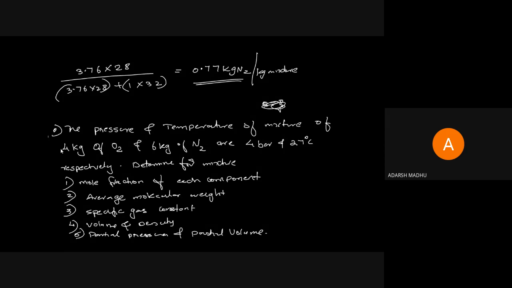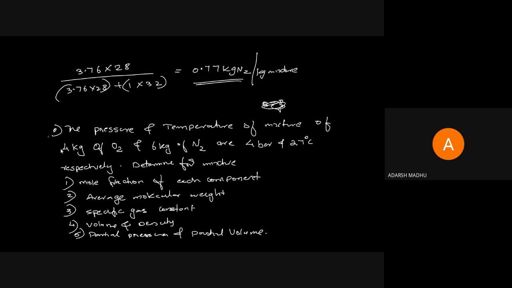So you want to find out the mole fraction of each component. Mole fraction of oxygen means number of moles of oxygen divided by total number of moles of mixture, and similarly for nitrogen, number of moles of nitrogen divided by total moles of mixture. Second one is average molecular weight. There is an equation I will tell you. Third one is specific gas constant, that is R value, not R naught.